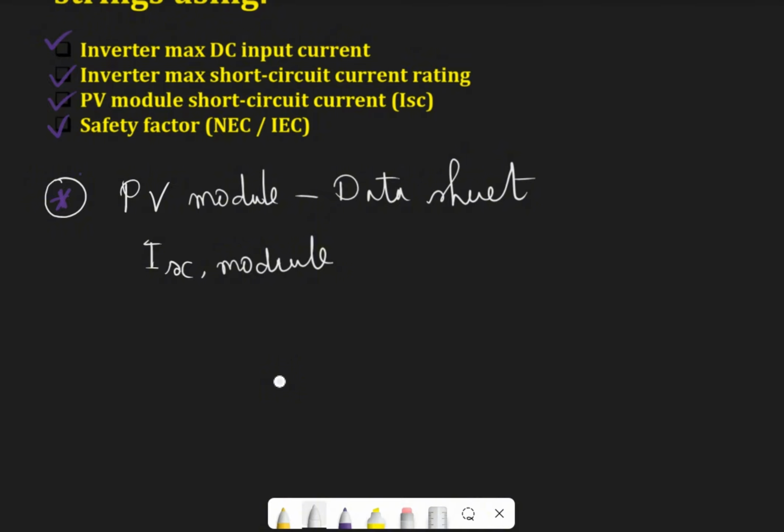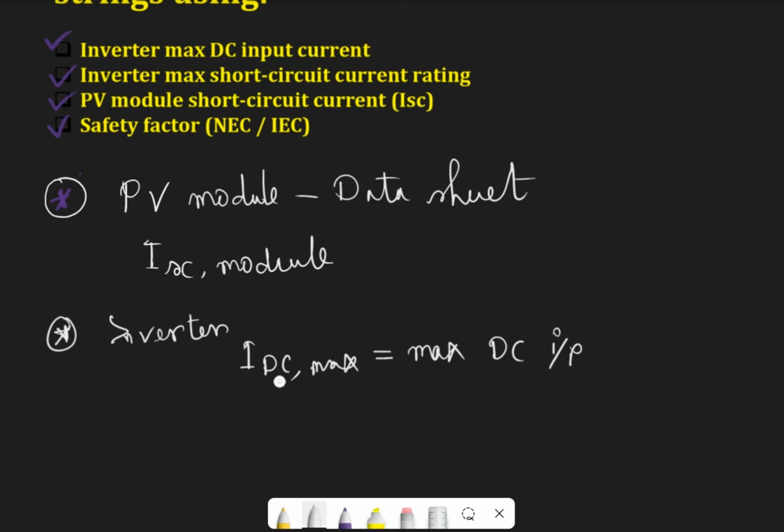And for the inverter, what we have is the maximum DC current, and this maximum DC current is nothing but the maximum DC input current, and the unit will be ampere.